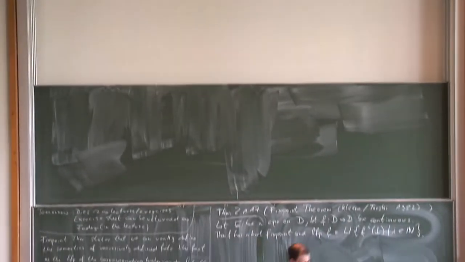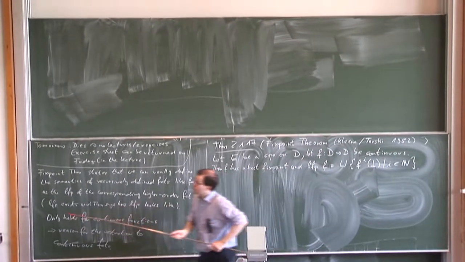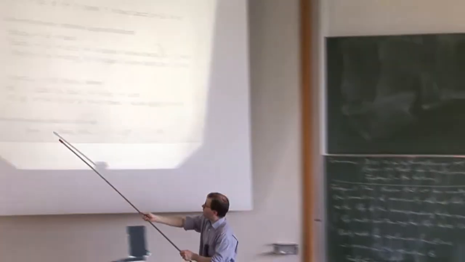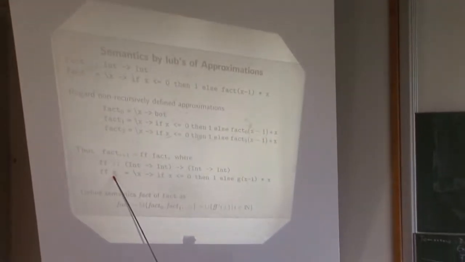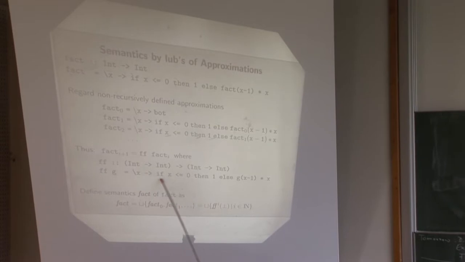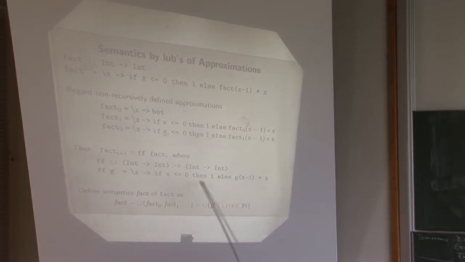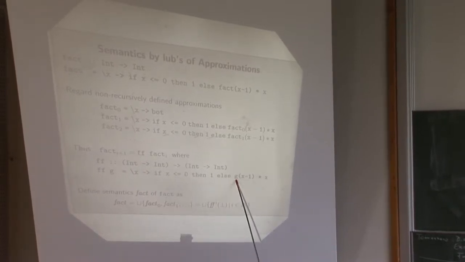In other words, this is a function that satisfies the defining equation of ff. So if we apply ff to the function, we get the function itself. In other words, if we take the right-hand side of the factorial definition, but replace g by this least fixed point, then we get this least fixed point again.